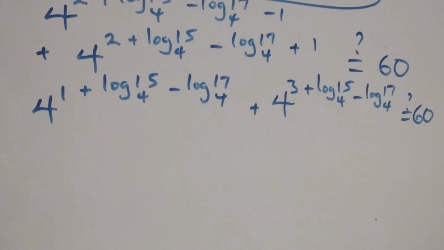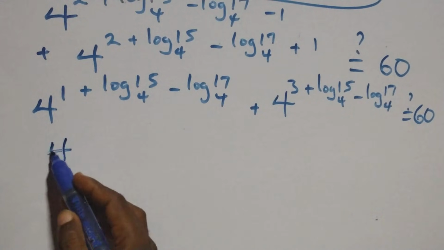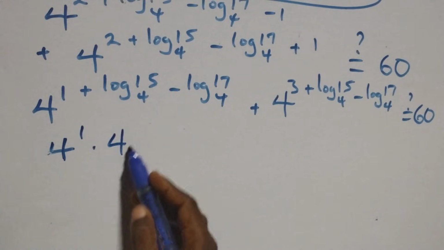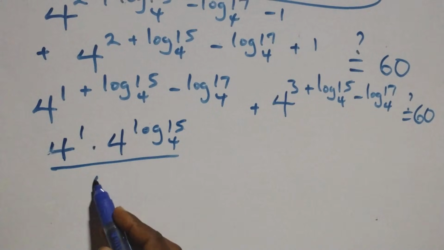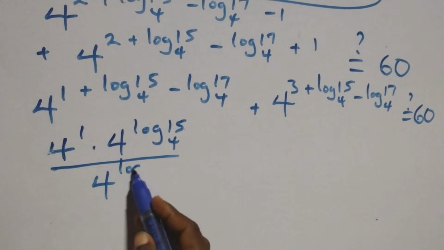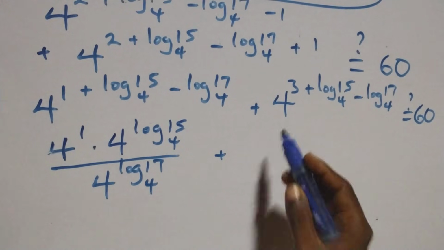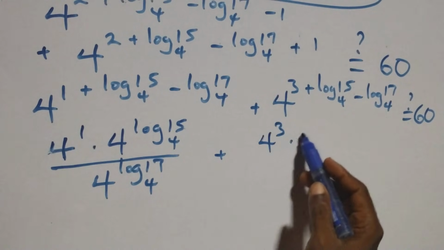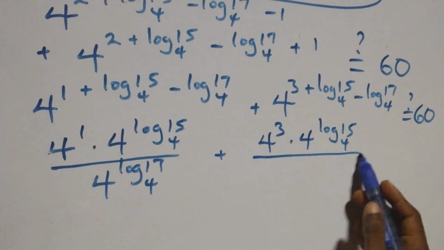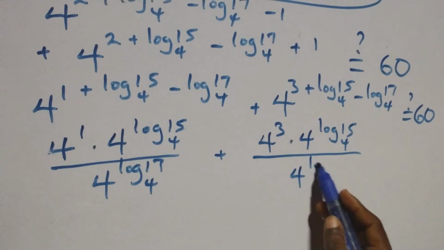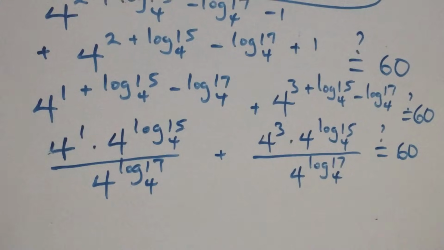That is, when we apply the law of indices here and separate this, we have 4 raised to power 1 times 4 raised to power log 15 base 4, divided by 4 raised to power log 17 base 4, plus 4 raised to power 3 times 4 raised to power log 15 base 4 over 4 raised to power log 17 base 4. Is it equal to 60 on this side?